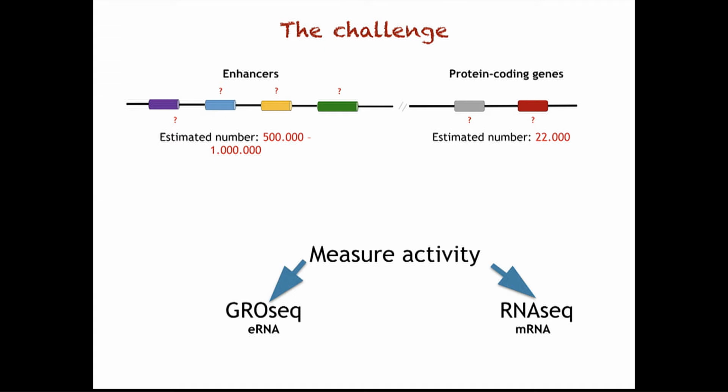And we can measure the enhancer activity, as I mentioned before, by technologies that measure nascent RNA expression and enhancer RNA levels. So you can measure this, and you can try to correlate the two and find relationships.